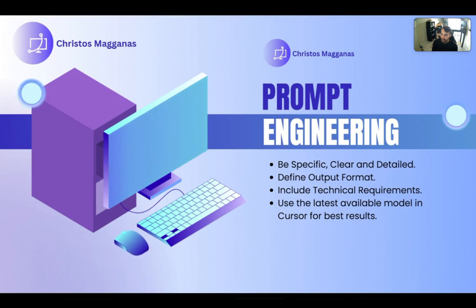So what's important when you're prompt engineering, it's really just this first bullet point. Be specific, clear, and detailed. And that epitomizes everything else. You're going to want to define exactly what you're looking for the LLM to output. So you're going to want to define a schema. You can play around with it. You don't have to think about this too long.